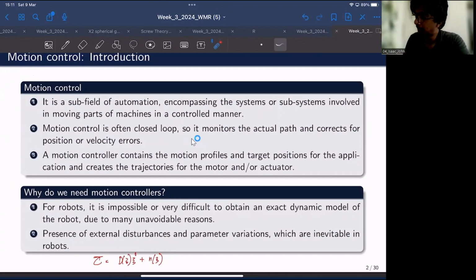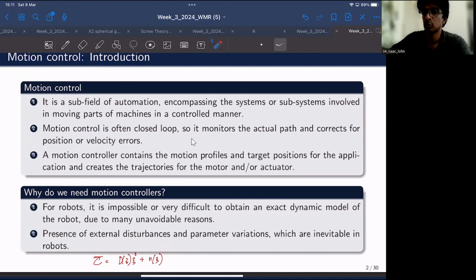And the other thing is parameter variations. Whatever parameters we considered during the initial modeling of the robot may change over time because of wear and tear and other aspects. So that is also one of the reasons why we need a motion controller. With the dynamic model alone, we won't be able to control a robot along its exact trajectory.